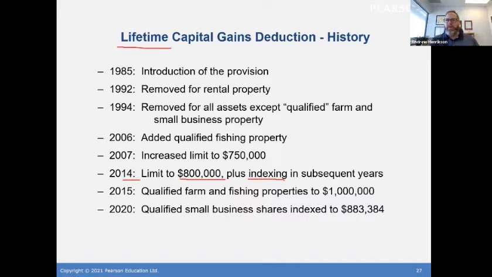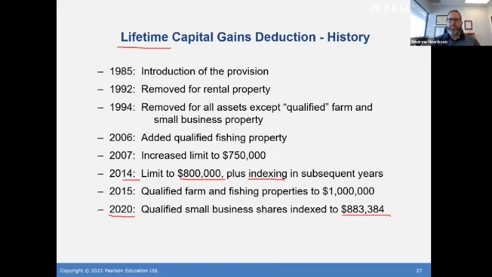That just means we factor in inflation. So we set it at 800 back in 2014, but we keep increasing it a little bit every year. All the way here in 2020, we've hit $883,384. That's the current rate for the year 2020, based off an original $800,000.